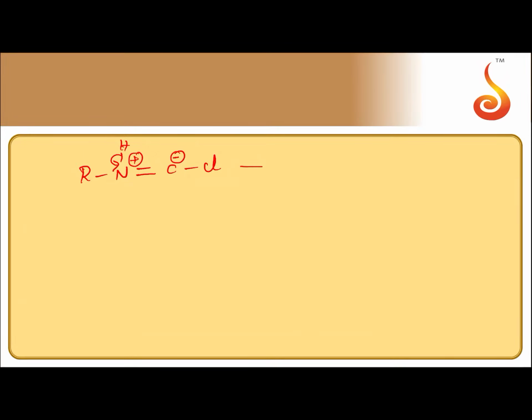So this hydrogen goes out as a proton. What will I get? R, N, lone pair here, double bond C, Cl, and carbon is negatively charged. So this Cl minus will go out as KCl. So what will I get? R, N, double bond C. Okay, so this lone pair forms a coordinate covalent bond.